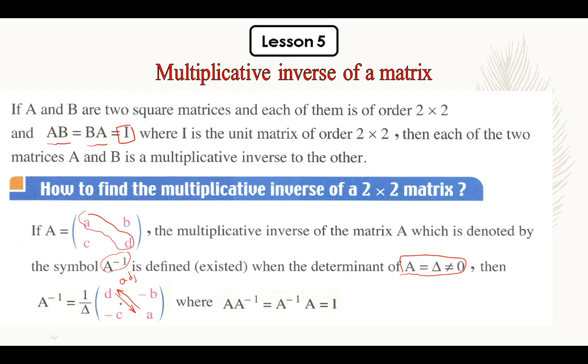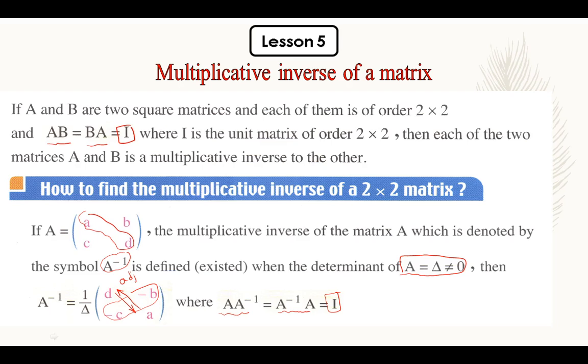And we change the sign of the other diagonal: instead of b, it will be negative b, and instead of c, it will be negative c. Where A multiplied by A inverse equals A inverse multiplied by A, and this equals the unit matrix I.